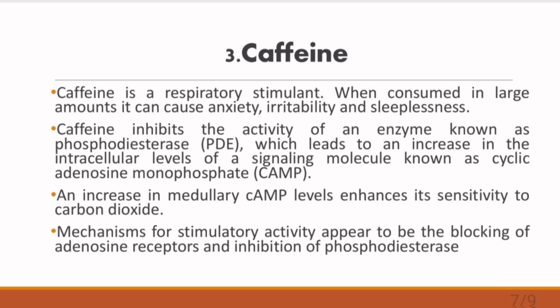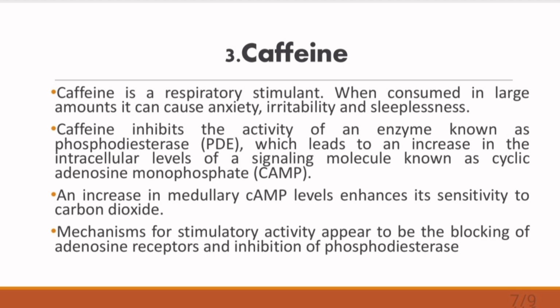Caffeine is a respiratory stimulant when consumed in large amounts, and it can also cause anxiety, irritability and sleeplessness. Caffeine inhibits the activity of an enzyme known as phosphodiesterase, that is PDE, which leads to an increase in the intracellular levels of the signaling molecule cyclic adenosine monophosphate, that is cAMP.